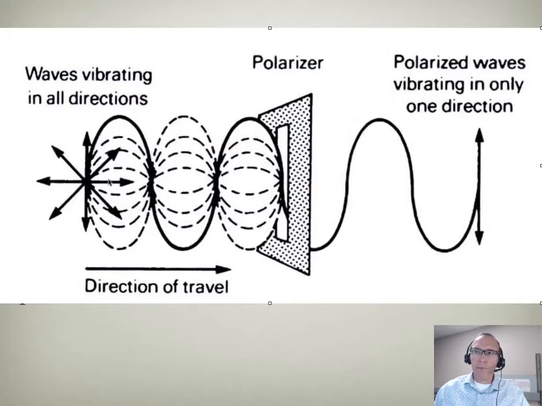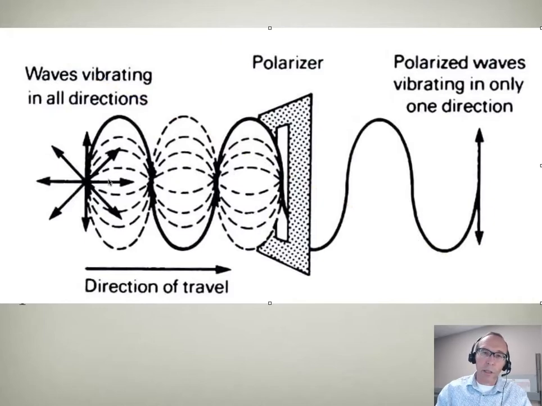So what it's doing is it's filtering out all the light that is going in an orientation that does not match with that slit that's in the filter. So the only light that gets through is whatever light matches the same orientation as that opening in the filter. Well, on the other side of that filter, then, any light that passed through is all vibrating in the same direction. So the light on the right-hand side, we would say it is polarized light. So that's what polarized light is all about.